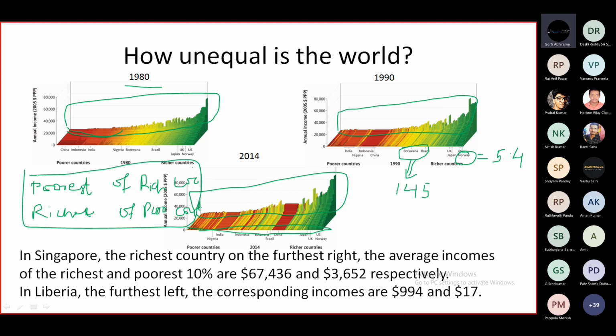But for example, if you take the poorest 10% of Norway and compare that with, let's say, the richest 10% of Nigeria, we see the poorest 10% of Norway have, on average, twice the income of the richest 10% of Nigeria.